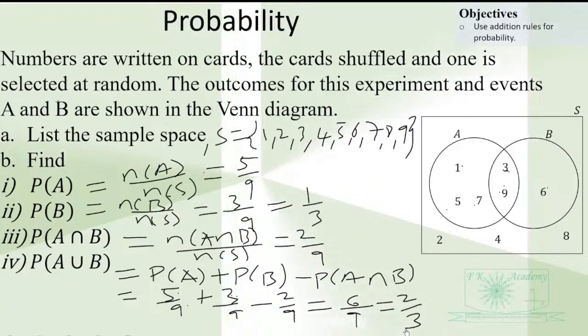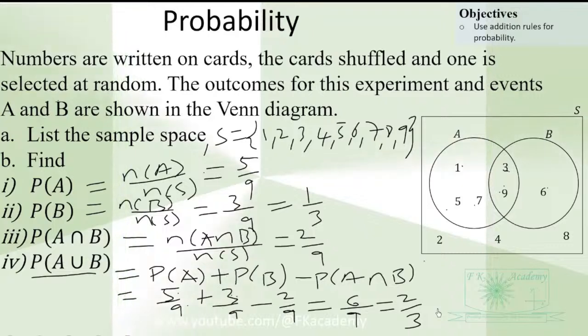Now, if you want to do this directly without using the addition rule of probability, then you have to find the number of elements in A union B, then express it over the number of elements in the sample space.